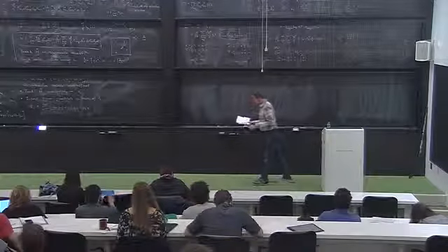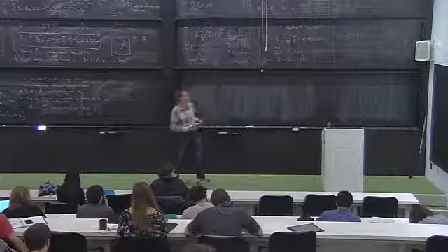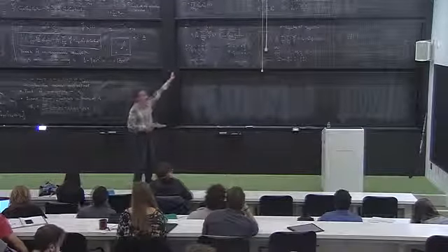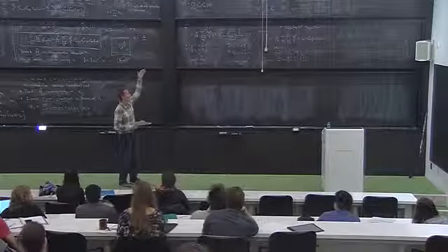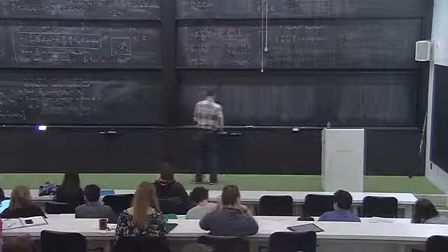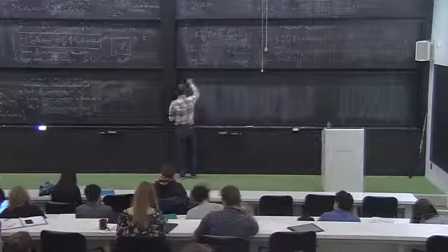Okay, so after this somewhat tedious calculation, let's just put everything together. So we calculated this energy in zeroth and first order perturbation theory. So let's just combine the two results.